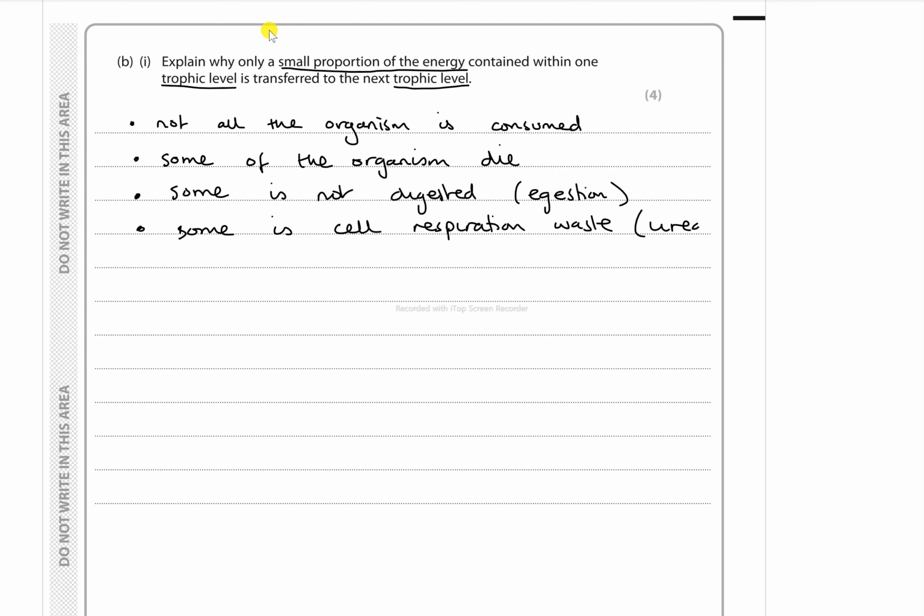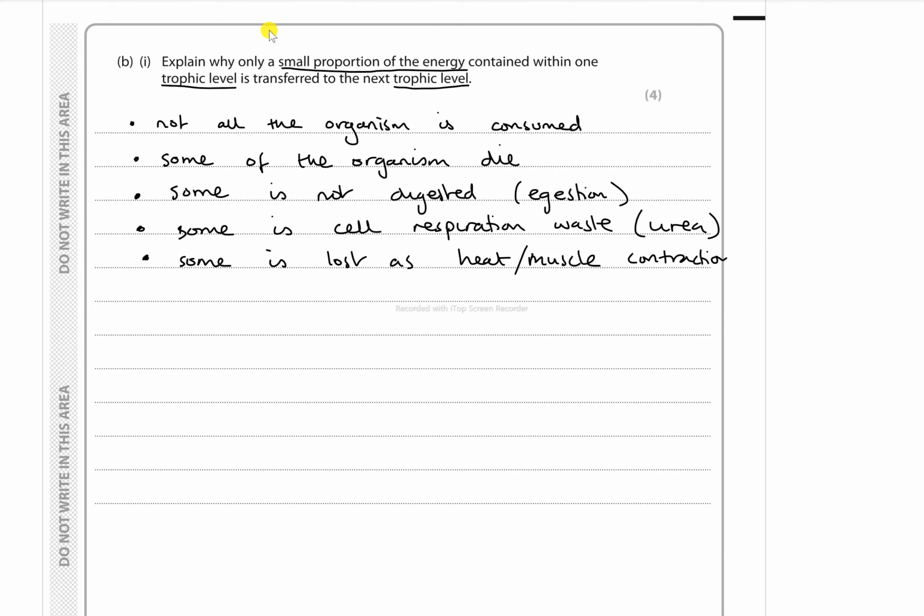So for example, urea. Some of the plant is lost as heat or energy through movement, muscle movement, muscle contraction.